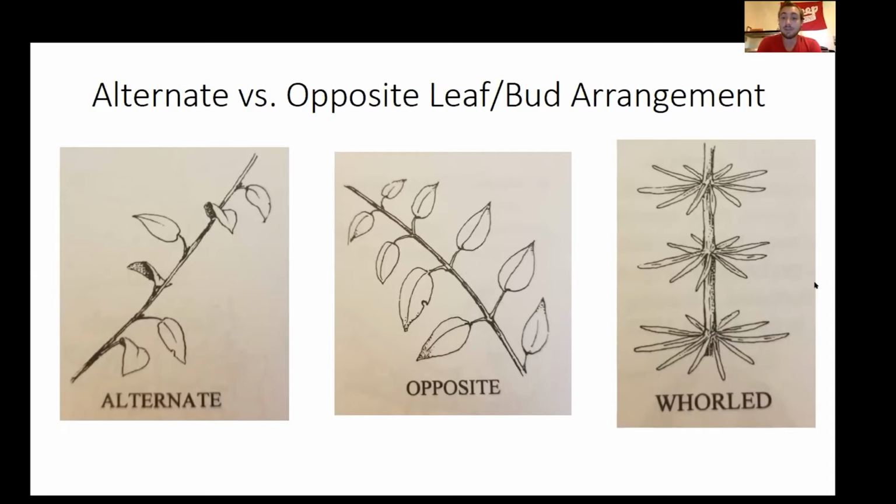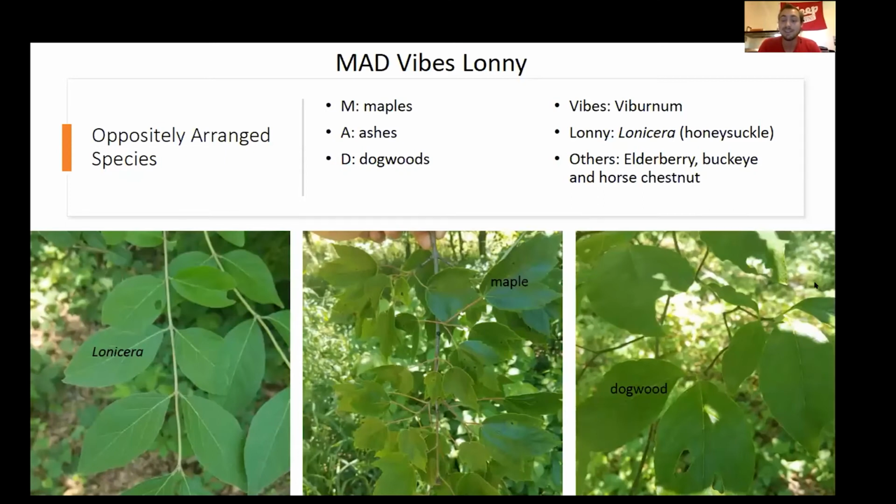So today, one of our species is oppositely arranged, and I wanted to take this time to introduce a saying that will help you remember some of our species that are oppositely arranged. There are a lot fewer oppositely arranged species than there are alternate. That little saying is what I learned a couple years ago back in college, and it's Mad Vibes Lonnie.